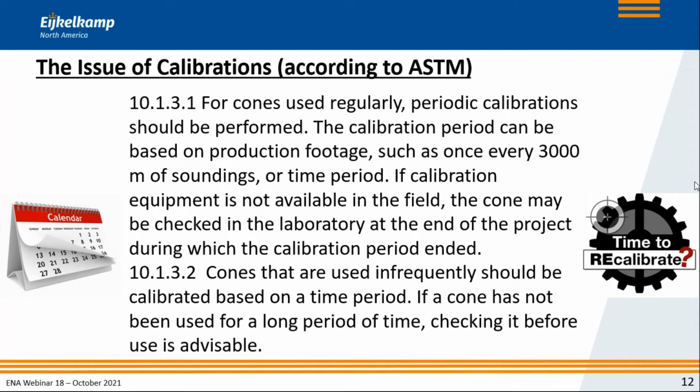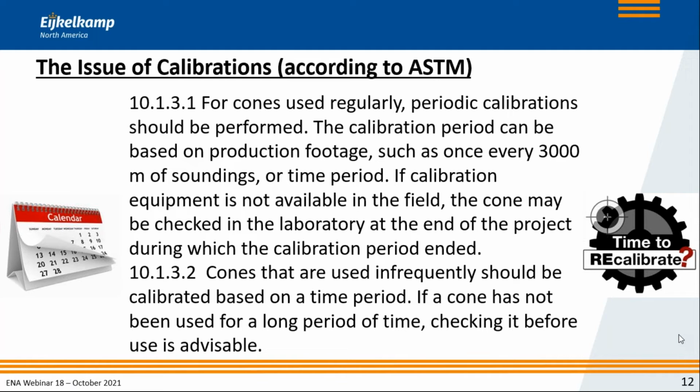And if calibration equipment is not available in the field, the cone may be checked in the laboratory at the end of the project, during which the calibration period is ended. And then it goes on in the next section that cones that are used infrequently should be calibrated based on a time period. And if a cone has not been used for a long period of time, checking before use is advisable.